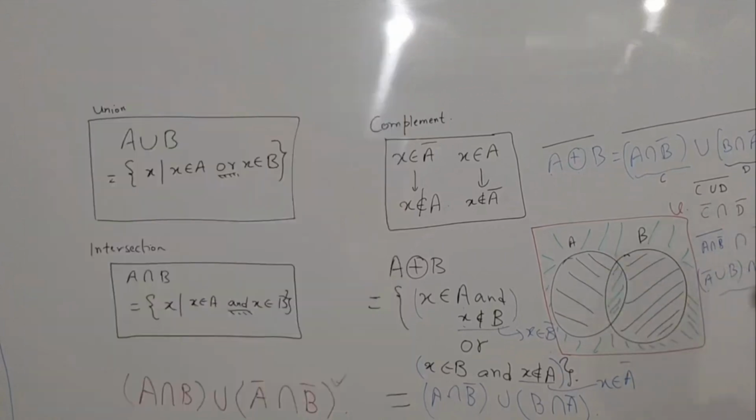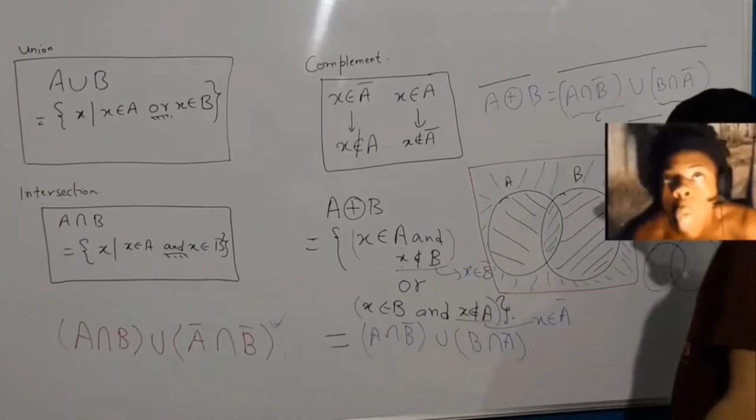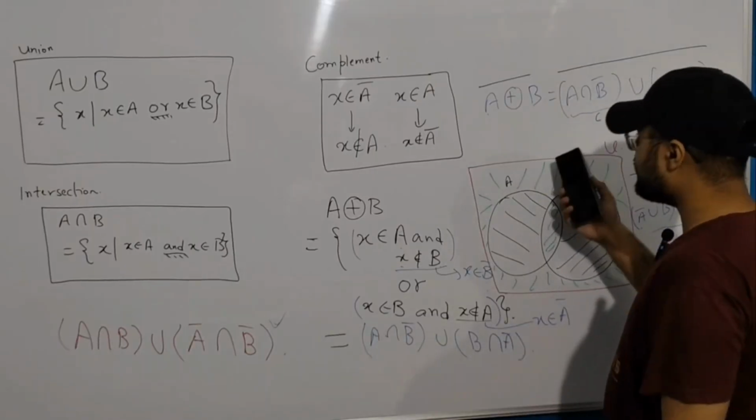Got it? Means I got it, but it is messy, so I have to make a new Venn diagram to explain this. Let's take here. I don't know if it is visible or not. Let me draw a Venn diagram.